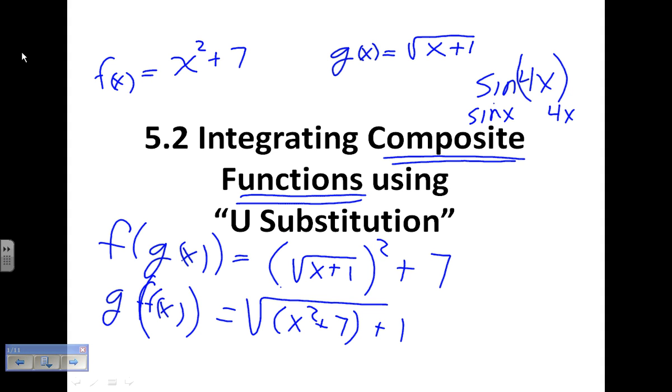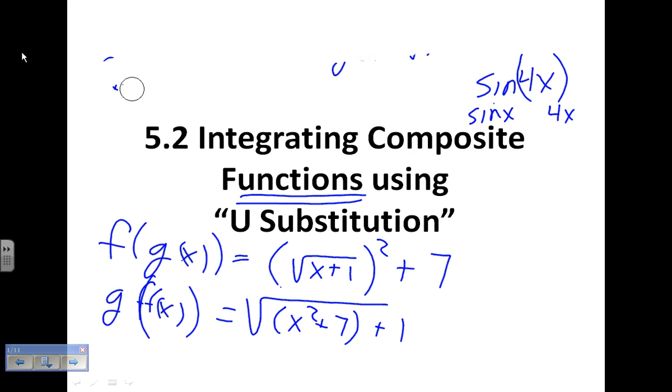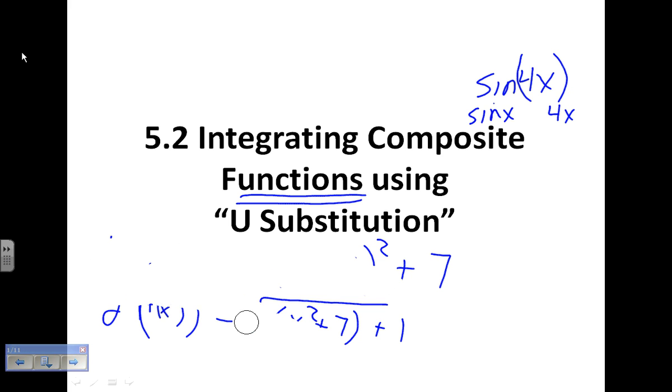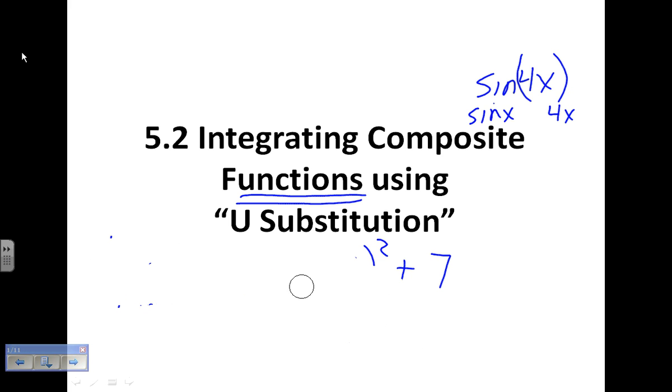So anyway, the outside function is sine of x, correct? If I were to take the antiderivative, I think I'll stick with trig functions. Sine of x and 4x, I think I'll go with this. F of x equals sine of x.